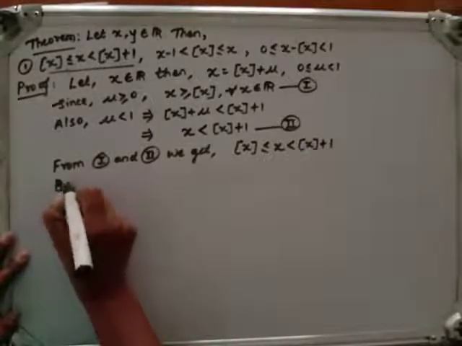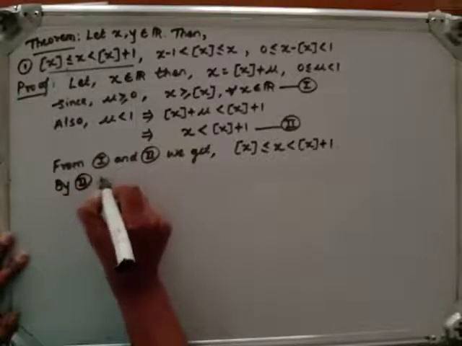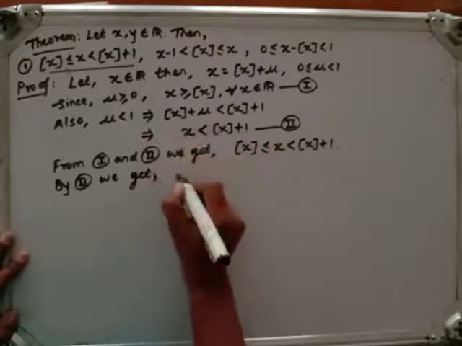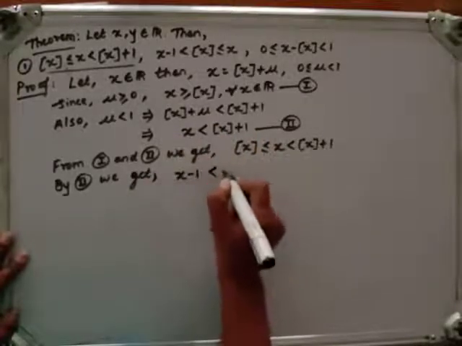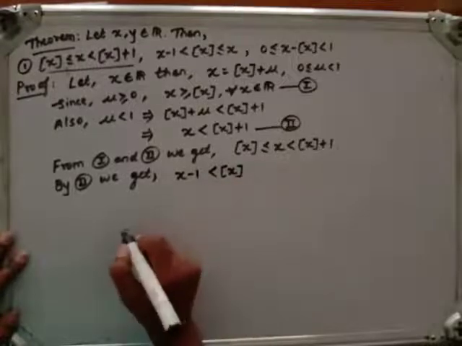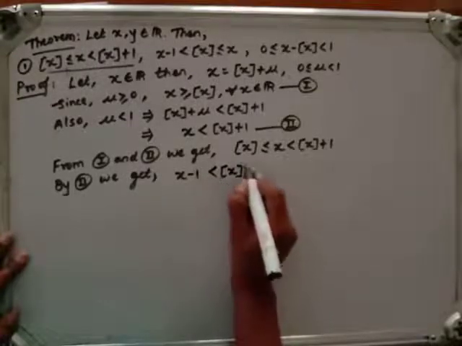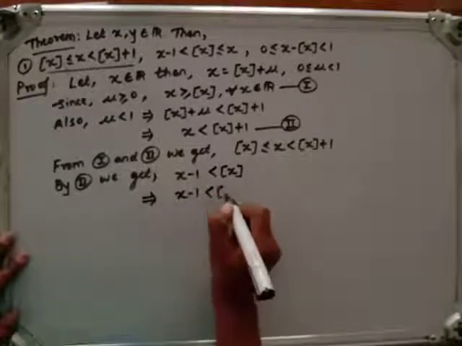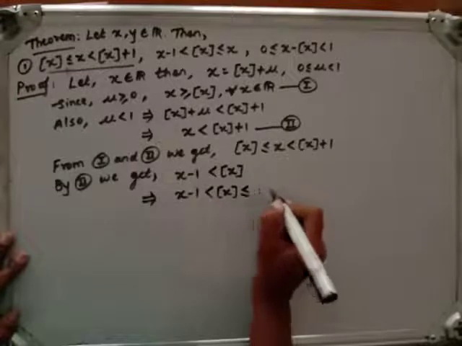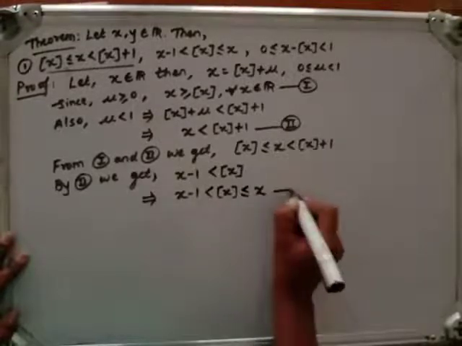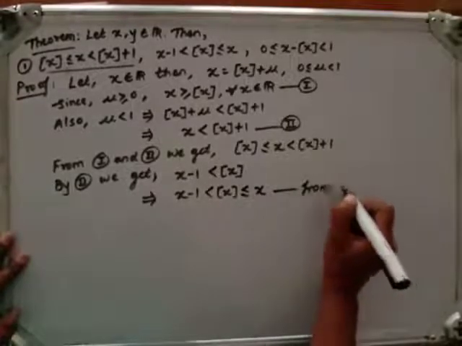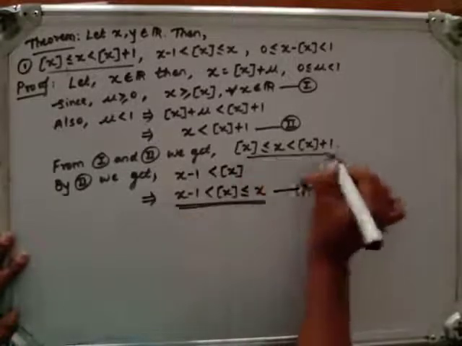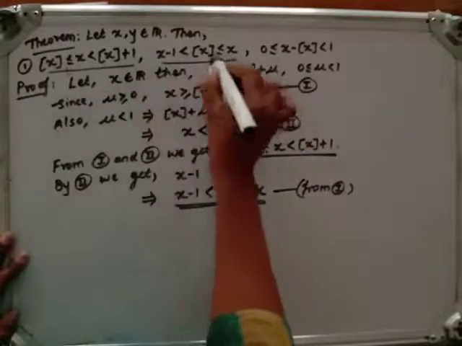Now from 2, we get x minus 1 is less than the greatest integer function, which is less than or equal to x. This is from 1, and this is another result.